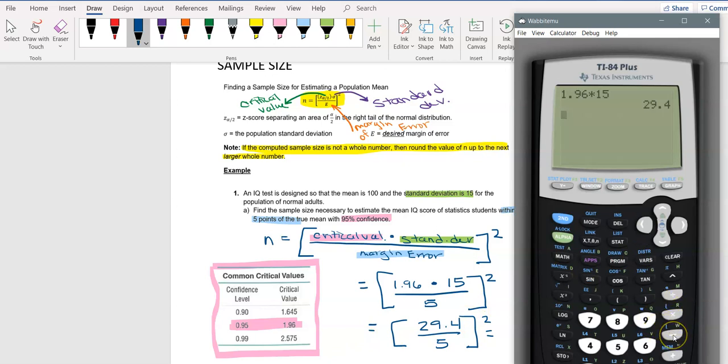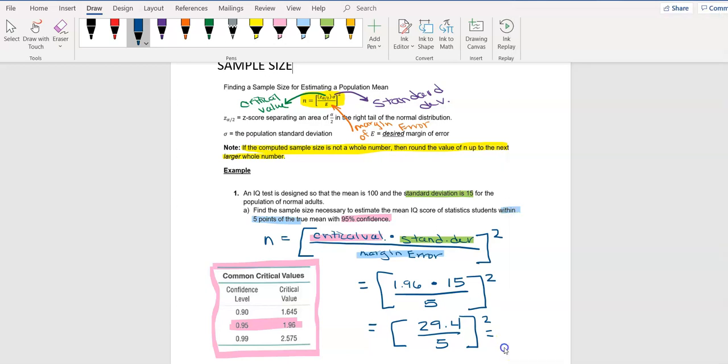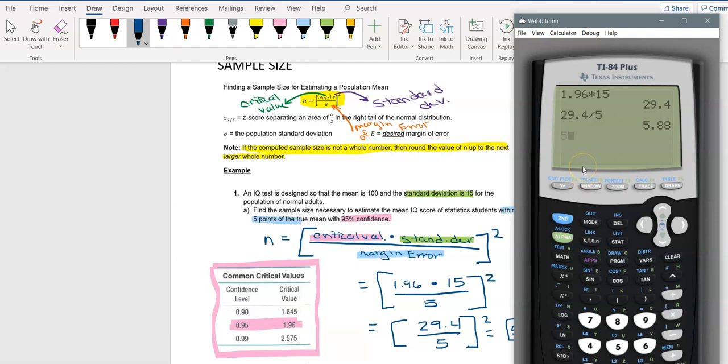I'm going to do 29.4 divided by 5. It's going to give me 5.88. And remember, that's going to be squared. So I'm going to take 5.88 and square it, take it to the second power, and we get 34.5744.